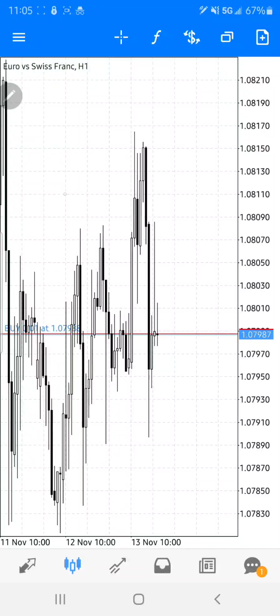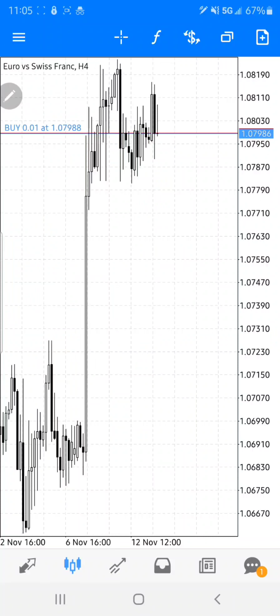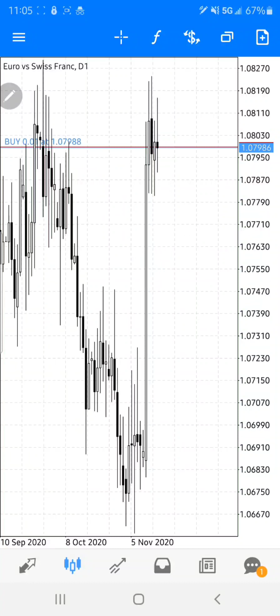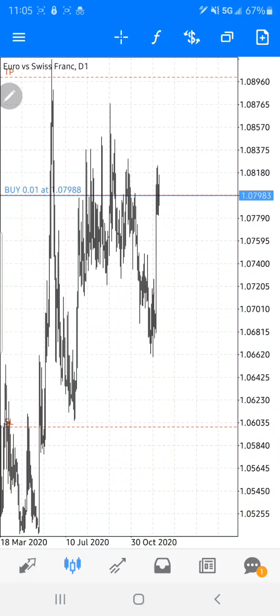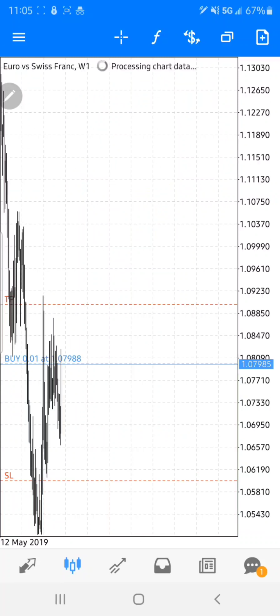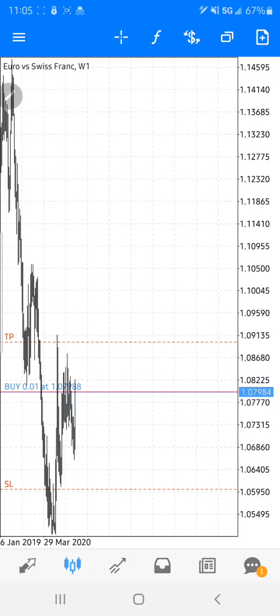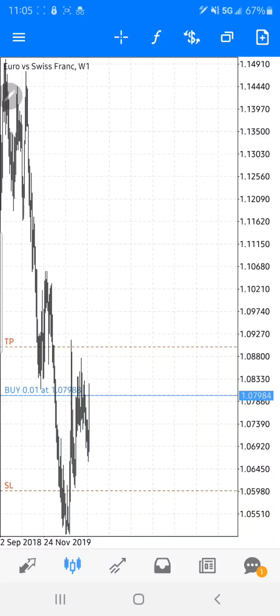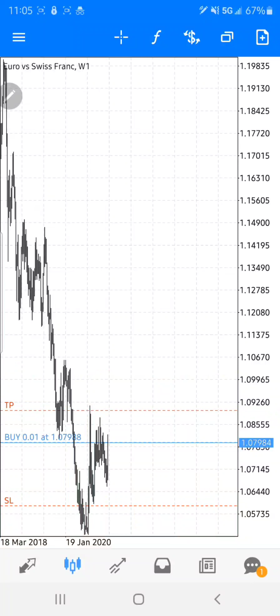So now I am going to zoom out, and I put my stop loss and my take profit so wide, I have to go out to the weekly to actually show you. So doesn't matter. I just want you to be able to actually see.